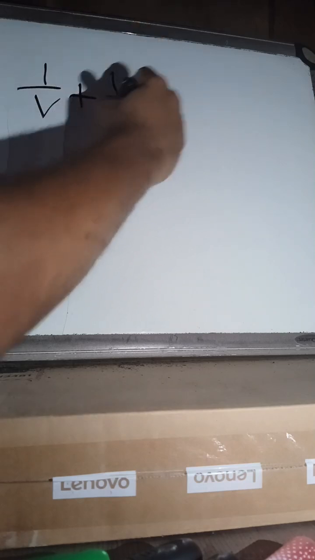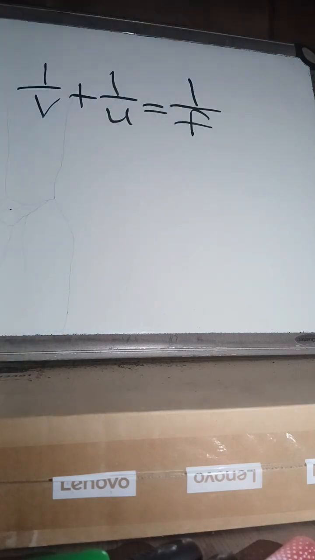So there's one I'm looking at that says 1 over v plus 1 over u equals 1 over f.